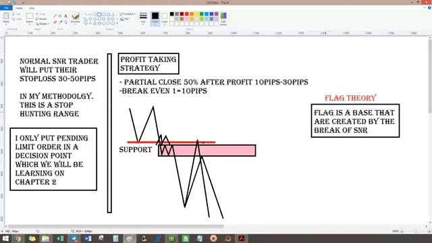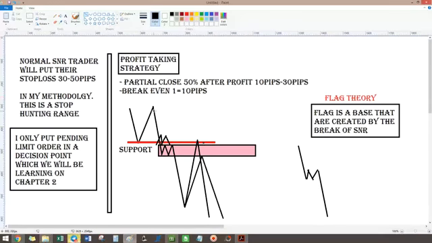The flat theory: a flat is a base that is created by the break of SNR, support resistance. RBR and DBD are only this, without breaking anything. To make it a flat, it must break support or resistance, or supply or demand.